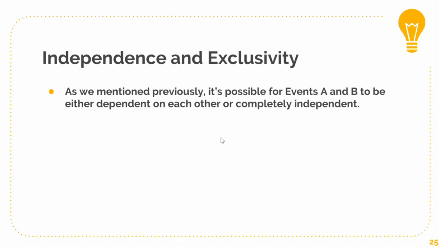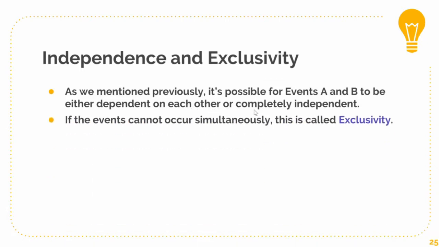So now let's talk a bit about independence and exclusivity for these same conditional, joint, and marginal probabilities. As mentioned previously, it's possible for events A and B to be either dependent or independent of each other. If the events cannot occur simultaneously, this is called exclusivity.